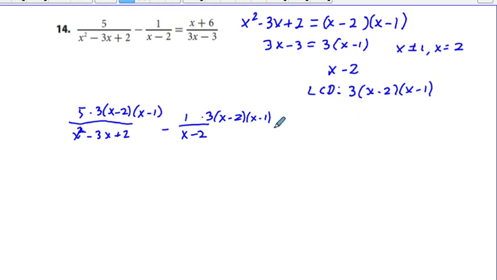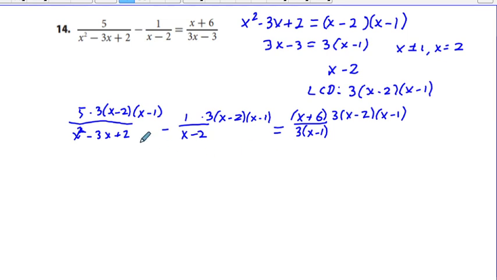And that's going to be equal to x plus 6 over 3x. I'm going to rewrite this 3x as 3 times quantity x minus 1. I write it this way to make it easier to visualize our cancellations. So on the top we have 3 times x minus 2, x minus 1.